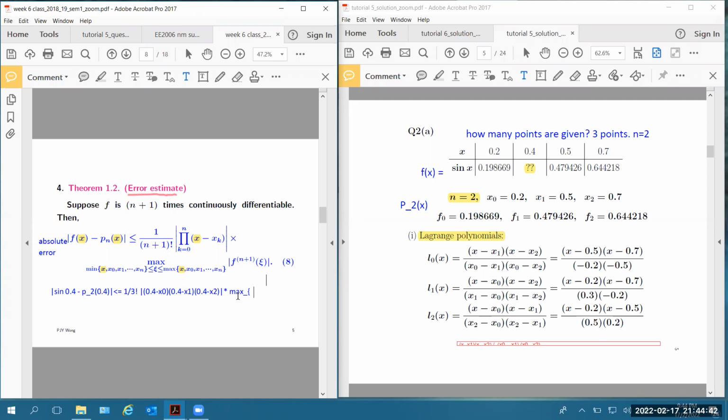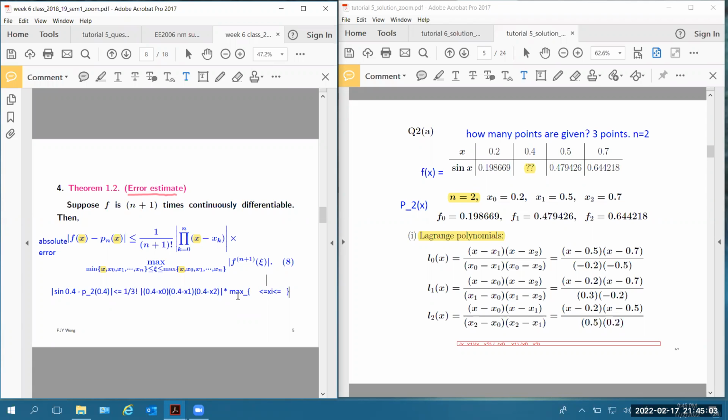Xi is between what number and what number? Less than or equal to what? And greater than or equal to what? Okay, so I need the two values there.